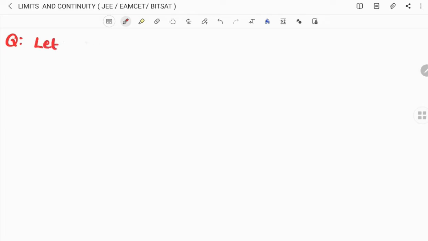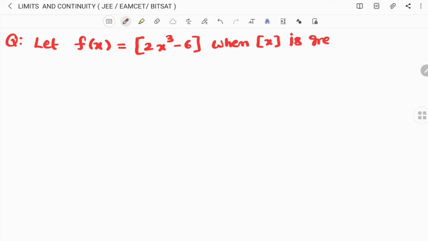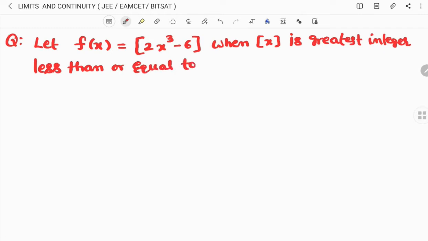Another question. Let f of x equal to step of 2x cube minus 6, where step x is the greatest integer function, the greatest integer less than or equal to x.